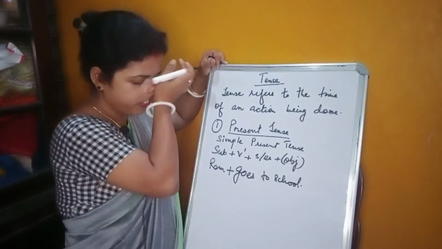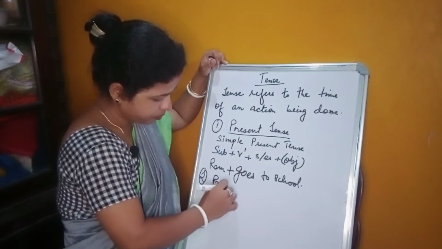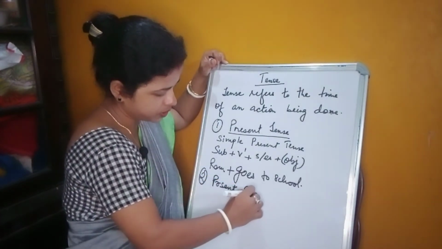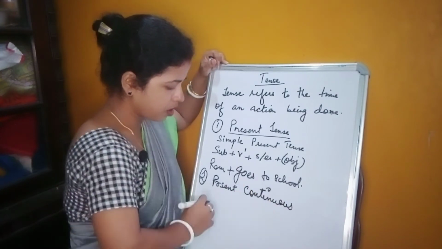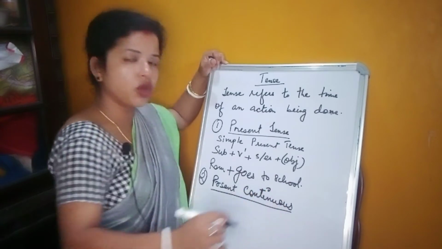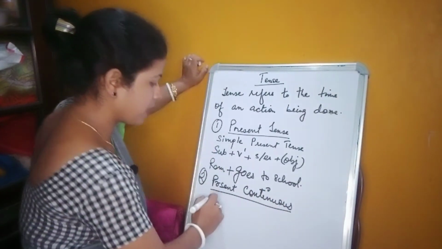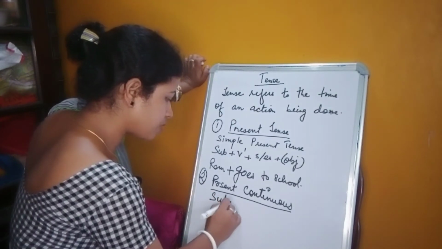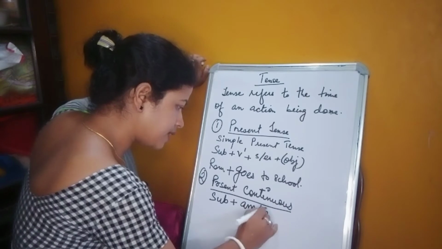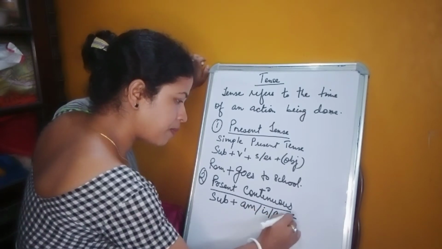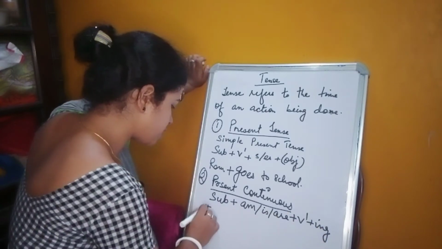Number 2, present continuous. Present continuous talks about an action that is still going on. See the structure: subject plus am, is, are plus verb 1 plus ing plus object.